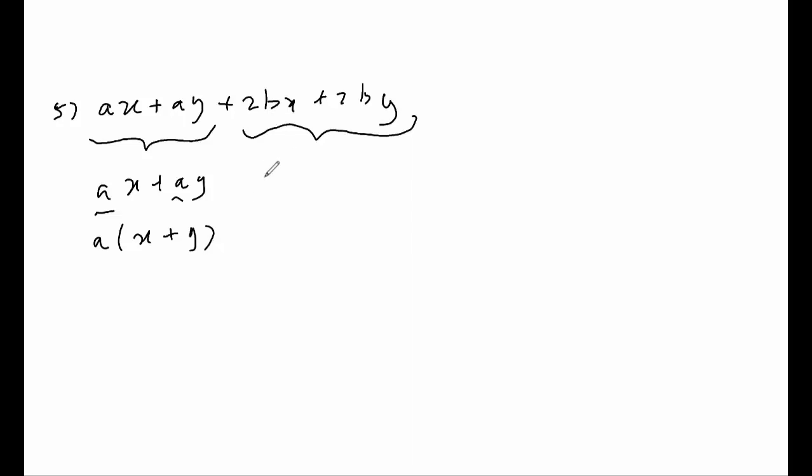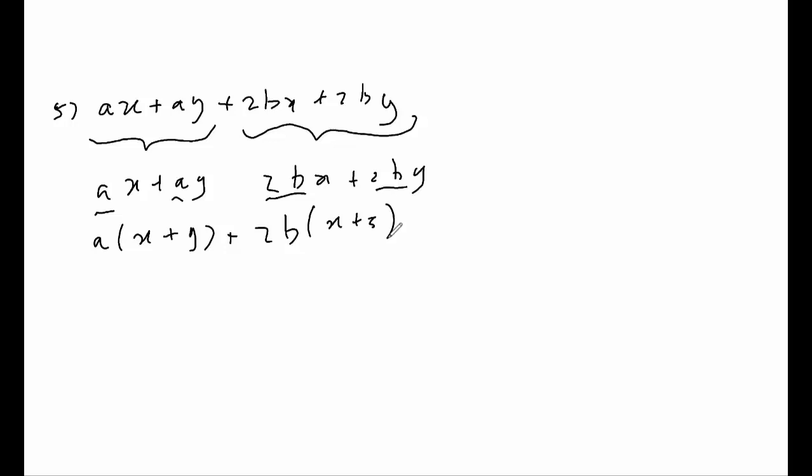Similarly, for this group here, we have 2bx plus 2by. And here we can factor out the 2b from here. And we can add that 2bx plus y.